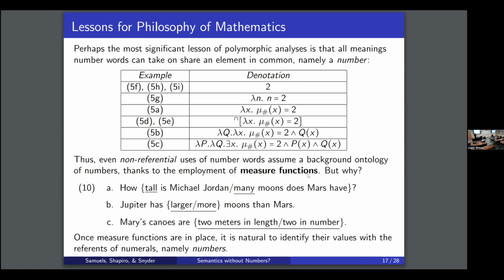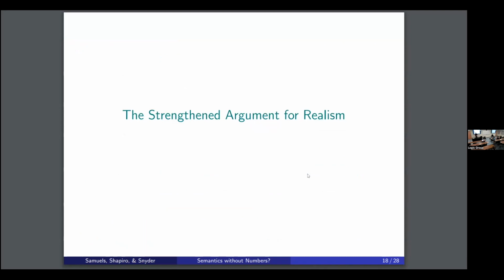This makes sense? Kind of? Yeah. Okay. What's the highlight? All uses of number words, regardless of whether they're referential or non-referential, presuppose the existence of numbers. That's the takeaway point. So this leads to what we're going to call the strengthened argument for realism.